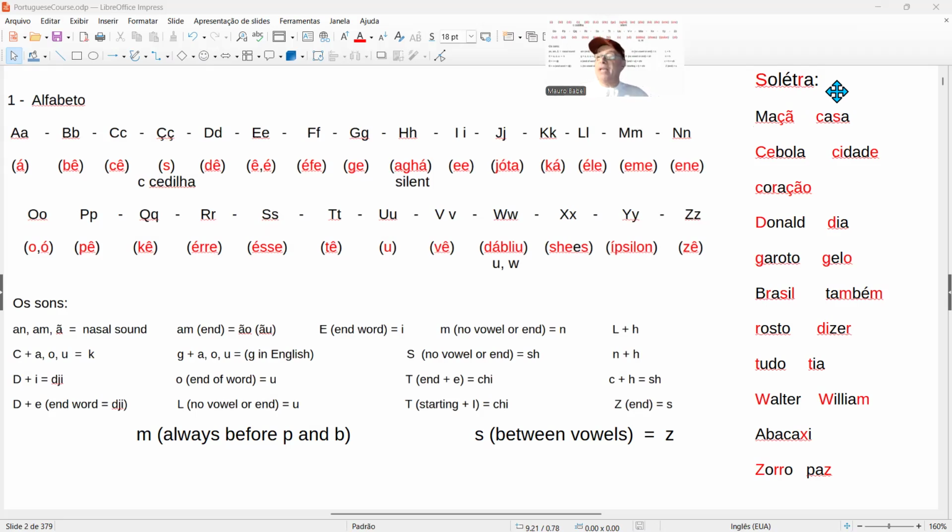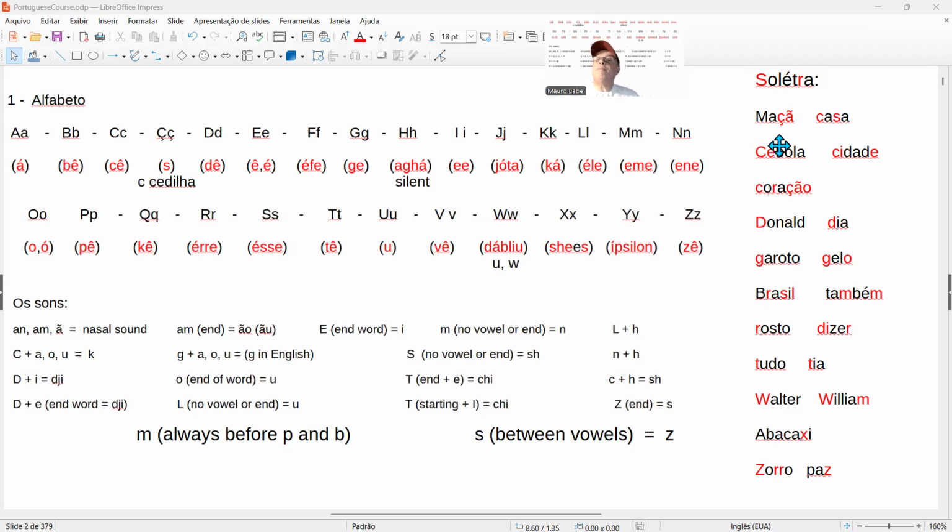You can't because it's between another consonant and a vowel. So it changes the sound. I'm forcing it, of course. Normally, you're going to say soletra, right? But it's not the original sound of the letter, right?